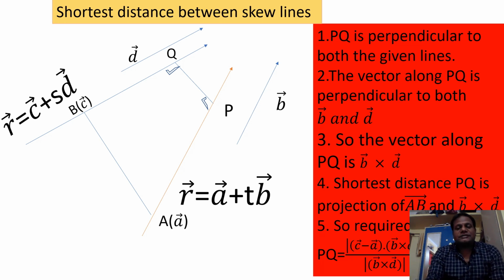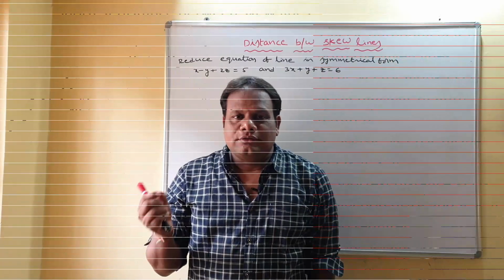You can give box notation to this and say mod of box (c bar minus a bar, b bar, d bar) by mod b bar cross d bar. This is the shortest distance between two skew lines.